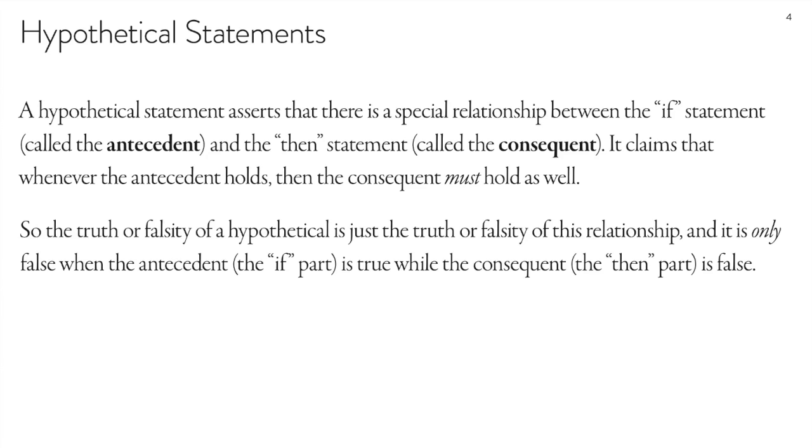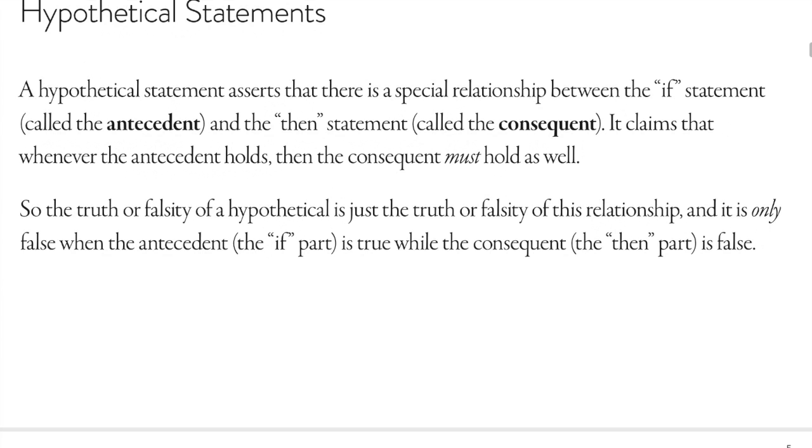It claims that whenever the antecedent holds, you take the aspirin, you get a zero on all the exams, then that consequent must hold as well. Your headache goes away. You fail the class. So the truth or falsity of that hypothetical is just the truth or falsity of that relationship. And as I explained, it is only false when the antecedent, the if part, is true, while the consequent, the then part, is false. I hope that makes sense. Tweet if it doesn't.